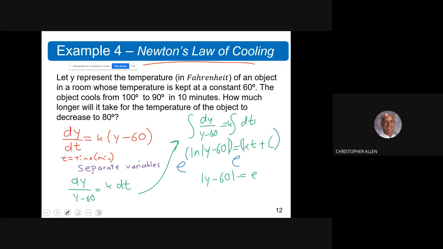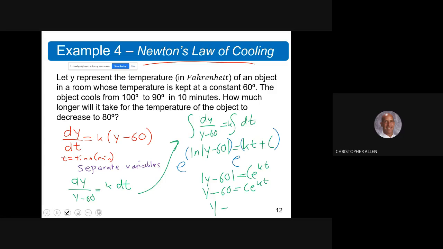They cancel, they undo each other. That just leaves us with the absolute value of y minus 60. Then over here, we're going to get c e to the kt. Again, I'm combining steps that I did separately last time to speed this process up. If I get rid of the absolute value, that doesn't change the c. C is still some arbitrary constant that we have not picked.